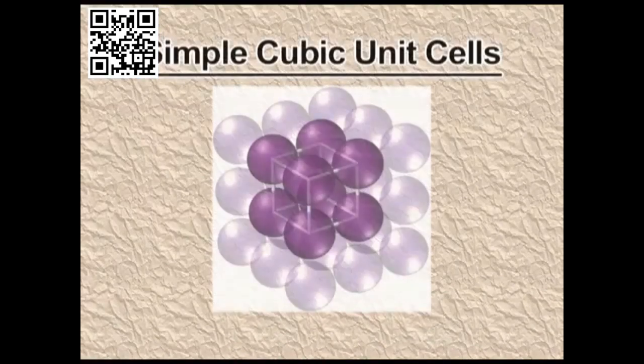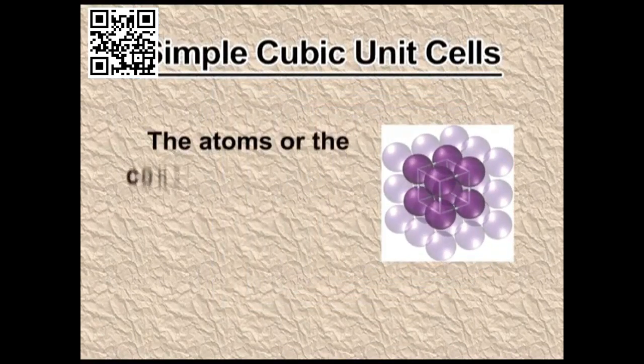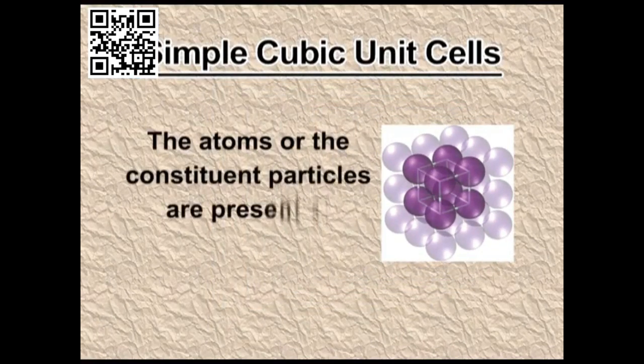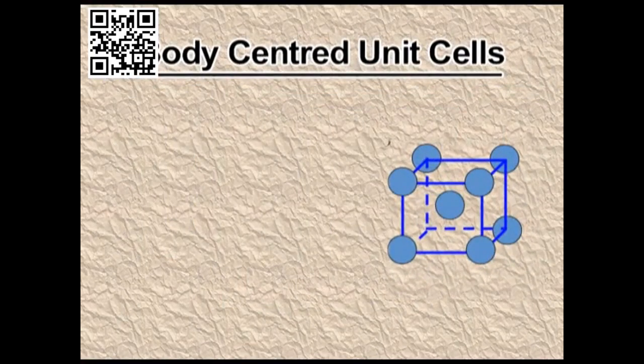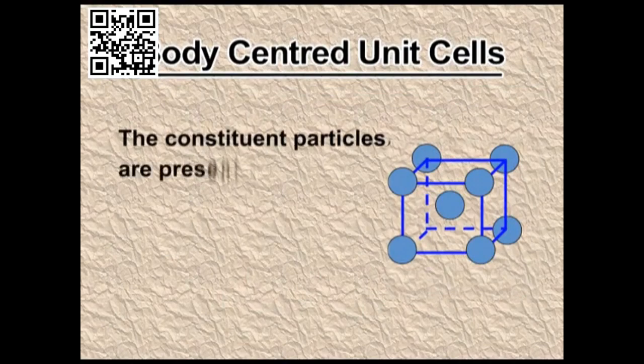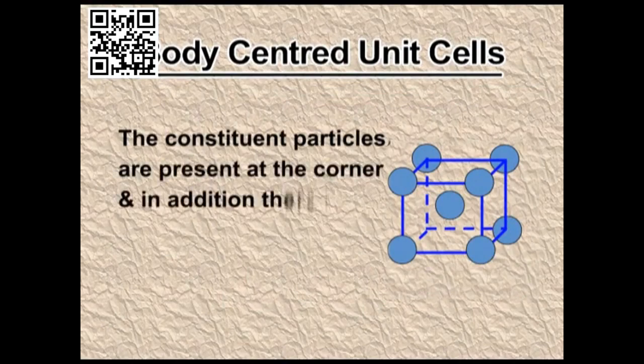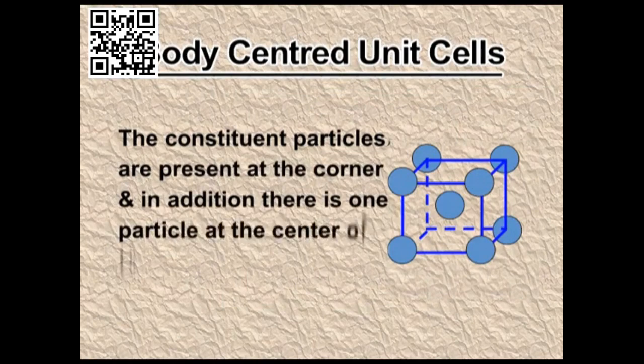Let's see the pictures. Here you can see that in the simple cubic unit cell, the atoms or constituent particles are present at the corners only. In the body-centered unit cell, you can see the constituent particles at the corners, and in addition, there is one particle at the center of the body of the unit cell.